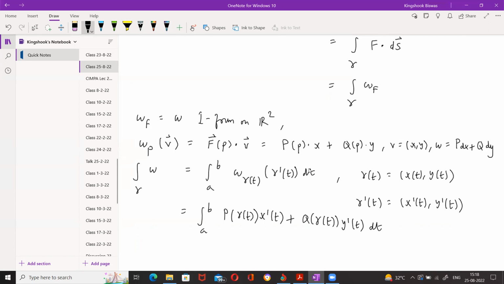All right. And so this is also the integral over gamma. This is what is defined maybe in school. This is defined to be the line integral of P dx plus Q dy, right? Yes. Okay.